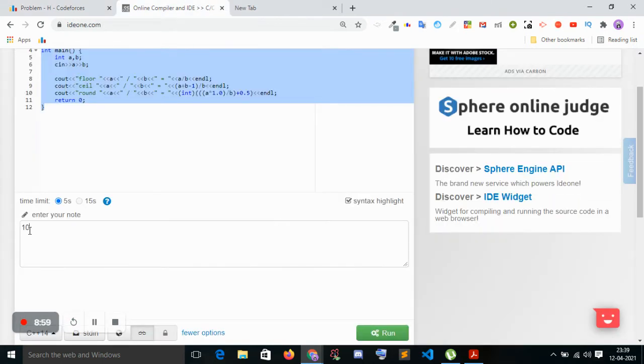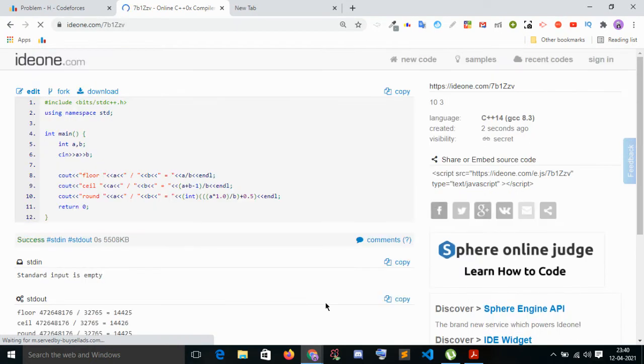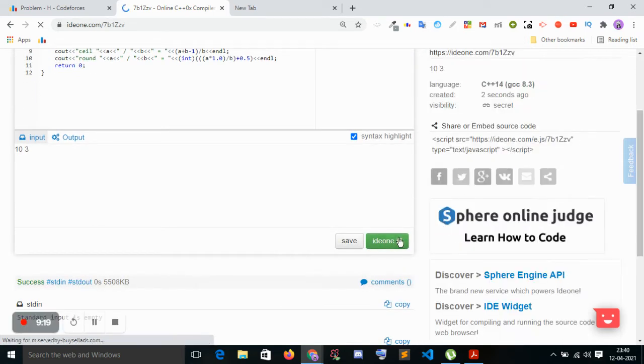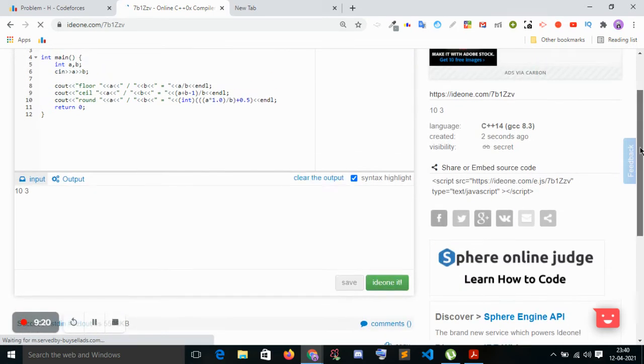Is 10 3. Okay, 10 3. Now I have to print it. Let's try is it getting correct or not.